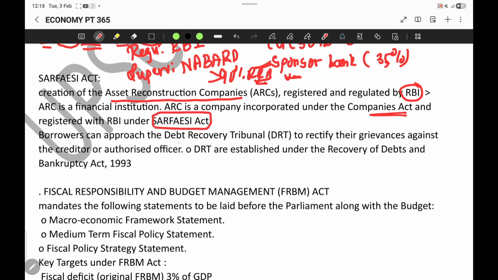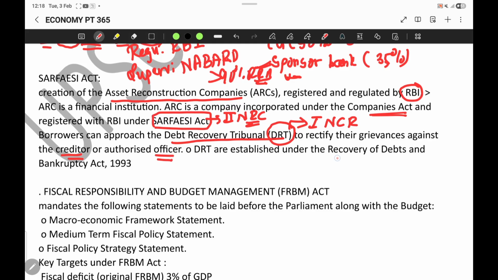Borrowers can approach the Debt Recovery Tribunal. Focus on these things. The Debt Recovery Tribunal was formed under the first Narasimhan Committee recommendation. The SARFAESI Act was formed under the second Narasimhan Committee recommendation. Their grievances are against the creditor and authorized officer.